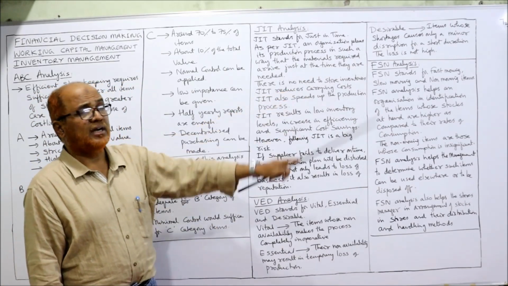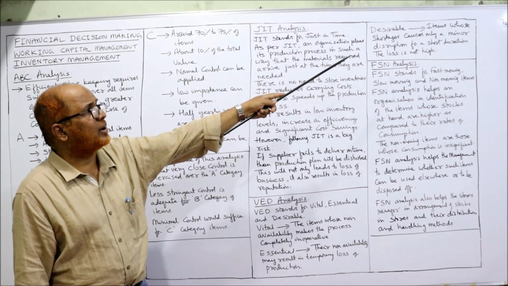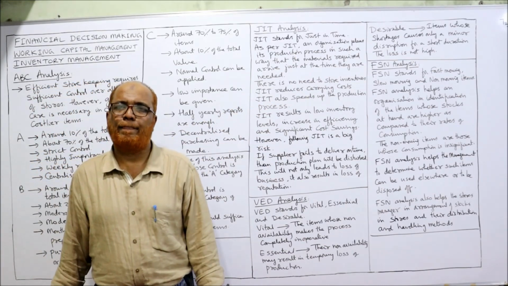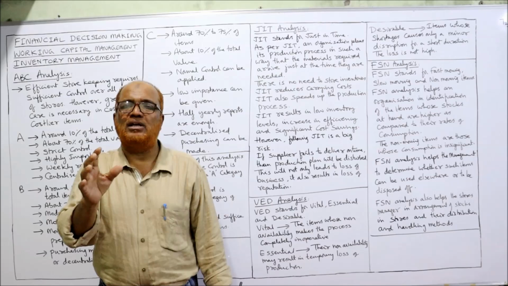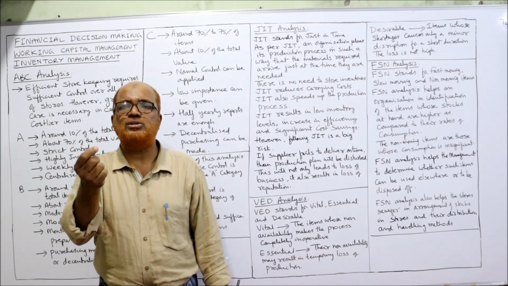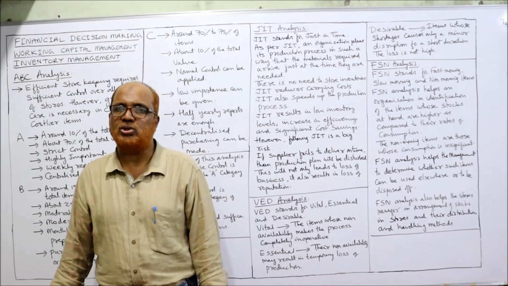The third one is desirable. Desirable items are those whose shortages cause only a minor disruption for a short period. The loss is not so high. That means if there is a shortage of desirable items, the business will bear a small loss, not a huge loss.